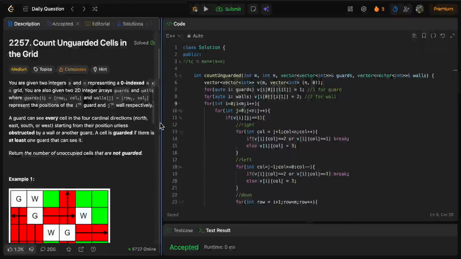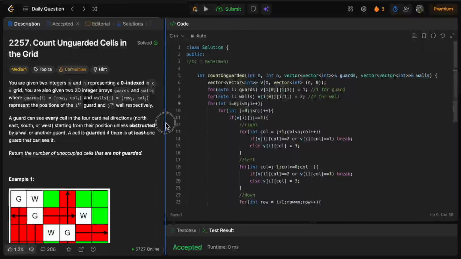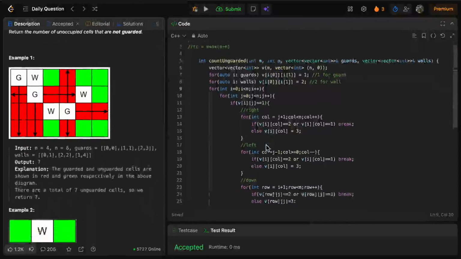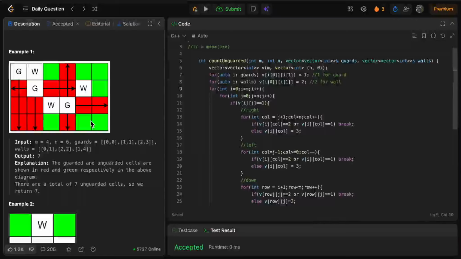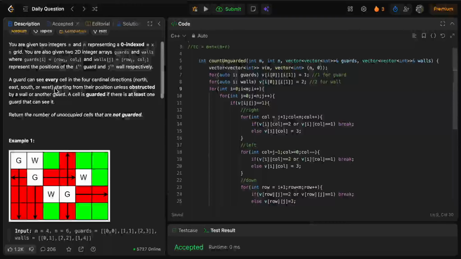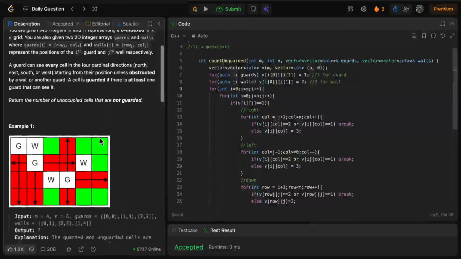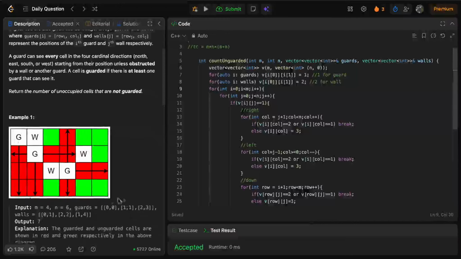So the first approach that came to mind is the brute force approach. We just simulate the same thing that the question is saying. First we create the matrix and mark the guards and walls.